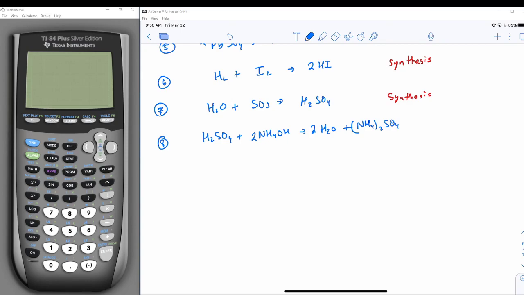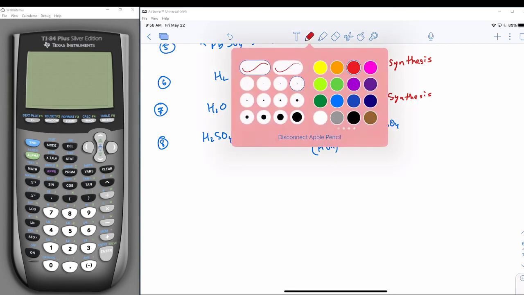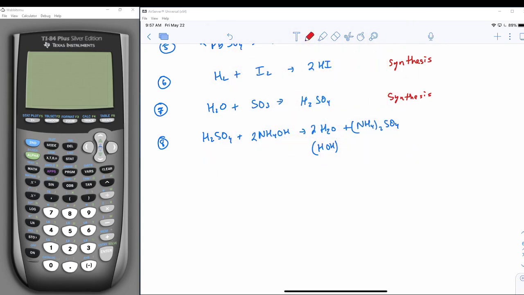In this case, what you really want to think about is water as HOH, if that helps you think about the balancing, because it's hard to see the OHs here, but the OHs are inside the water. And so if it helps you to write water as HOH when you're balancing, I think that will help. I think that's a good idea if you're having trouble seeing it. And this is a double displacement reaction.